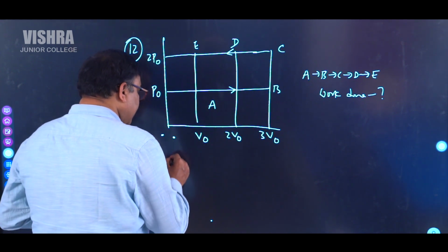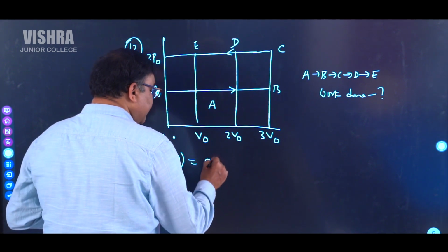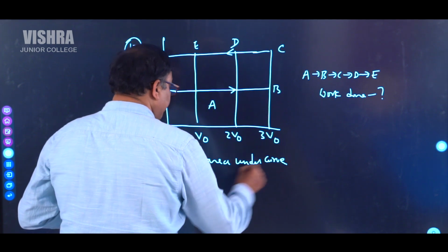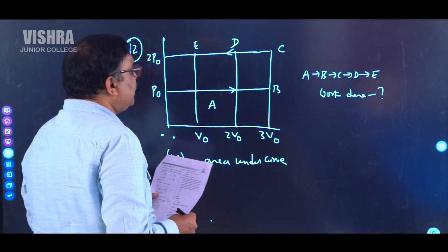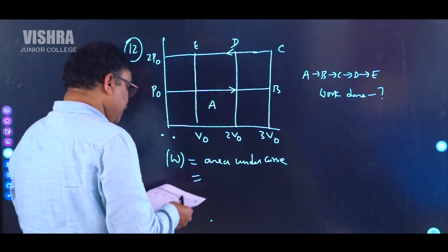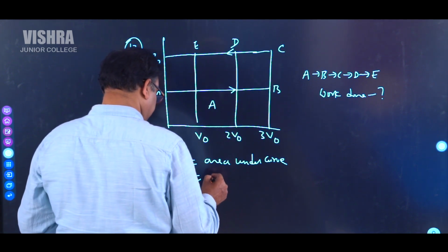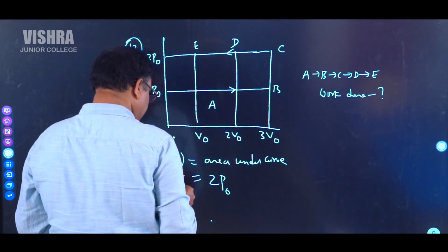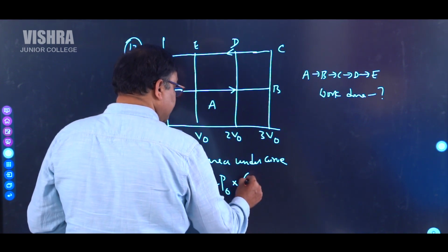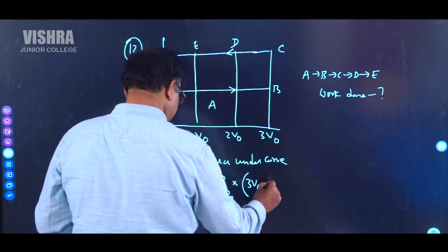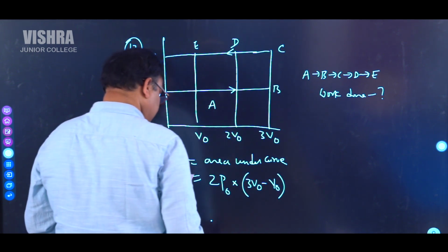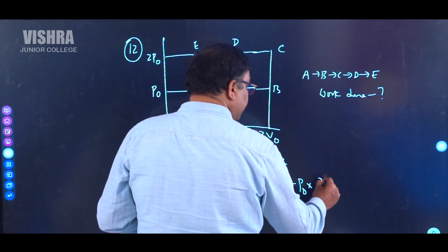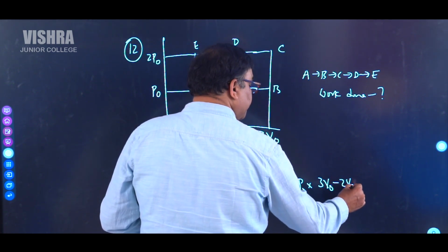Okay, so work done is always the area under the curve. So this one is equal to 2P0 into the change in volume, 3V0 minus V0, minus P0 multiplied by 3V0 minus 2V0.